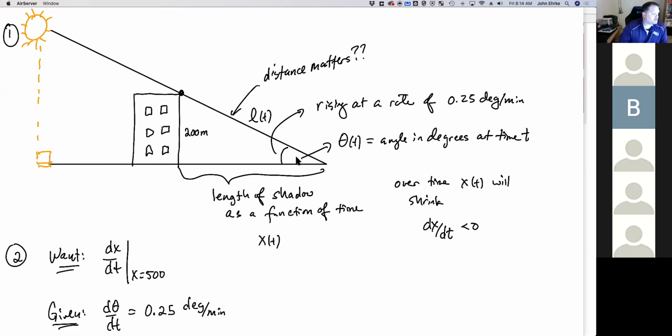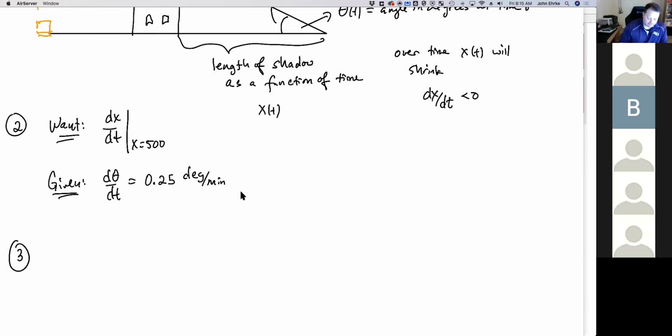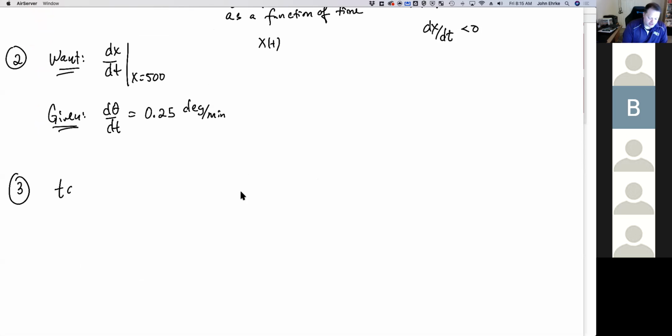Remember, tangent of an angle is opposite over adjacent, and we know the opposite side and we want to solve for the adjacent side. So here the tangent of theta is equal to 200 divided by x.